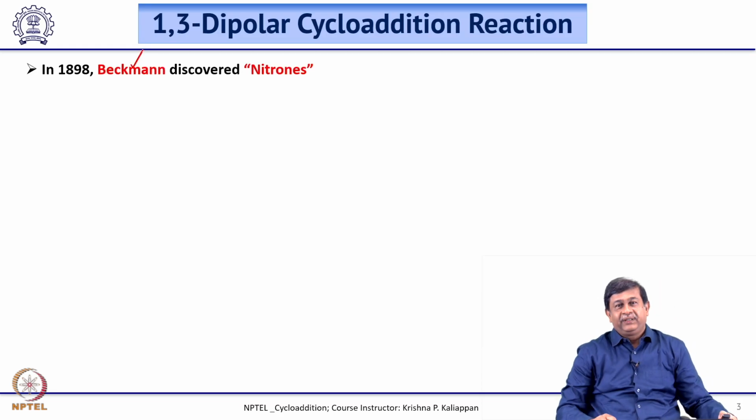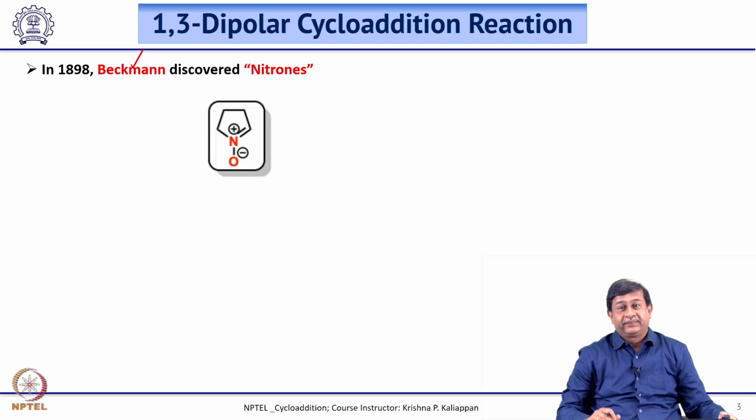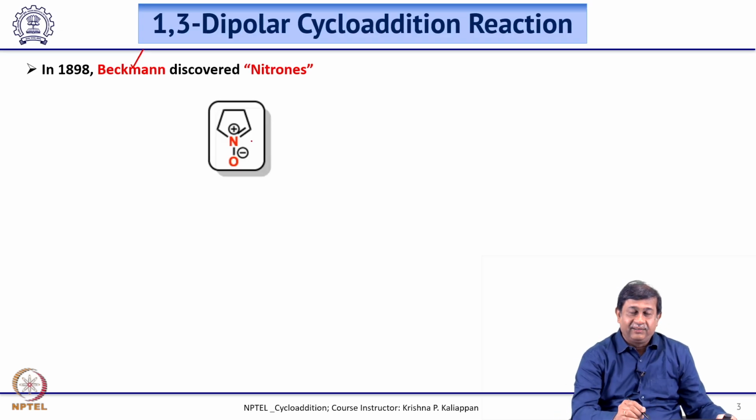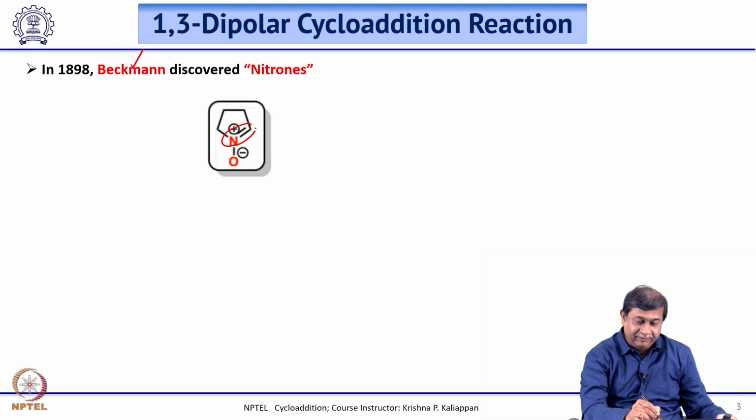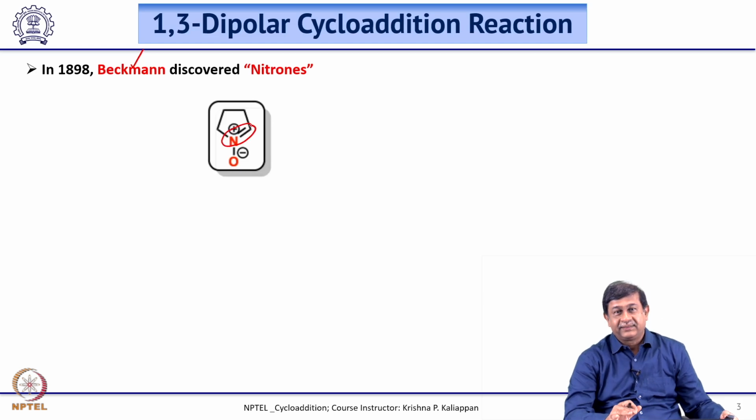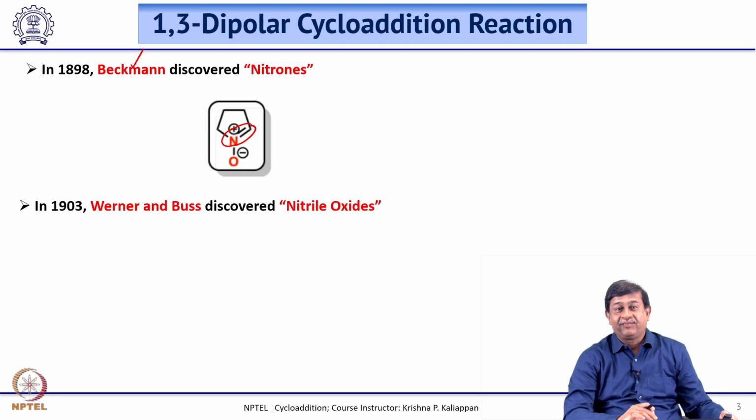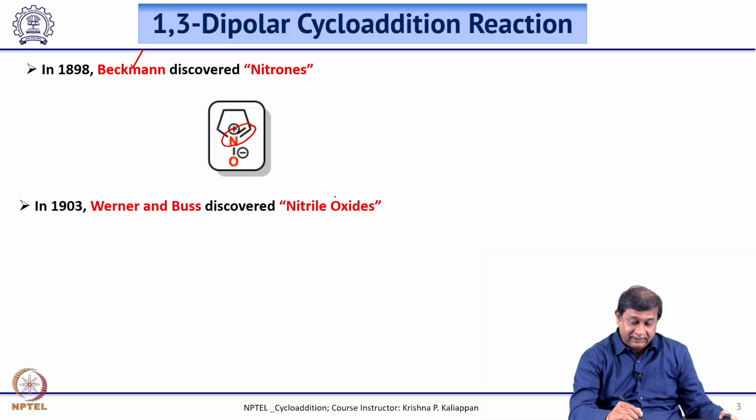Beckmann actually discovered nitrone. So nitrone is nothing but N oxide of imine. So this is imine, and if it is N oxide of imine, then it is called nitrone. This was discovered in 1898, and 5 years later Werner reported the use of nitrile oxide.